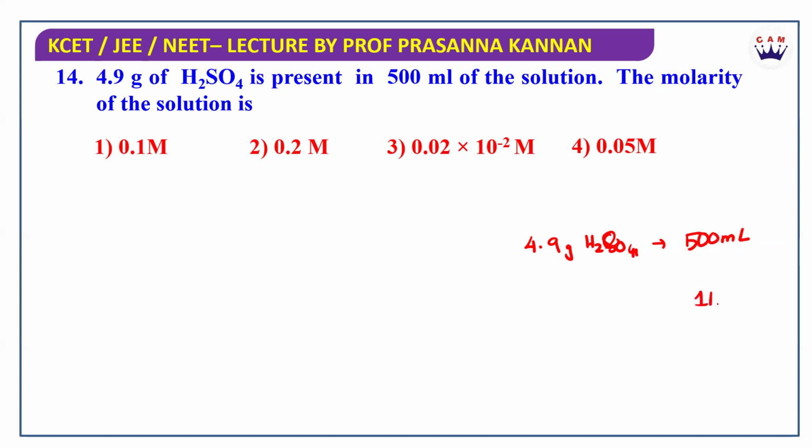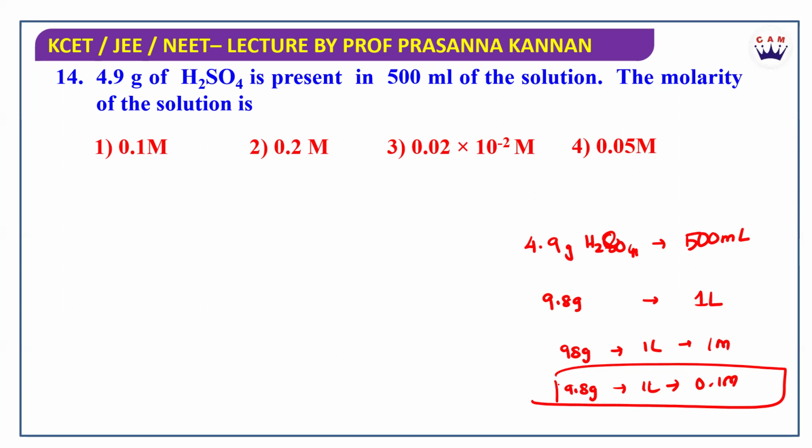So how much will be present in 1 liter? Double of it, right? 9.8 gram. If 98 gram is there in 1 liter, it is 1 molar. If 9.8 gram is there, it is 1/10 of it, which is 0.1 molar. This will just take me a few seconds to get the answer. Now, are you following this, Evelyn? What I just shared?